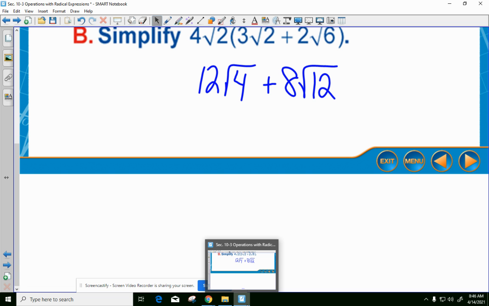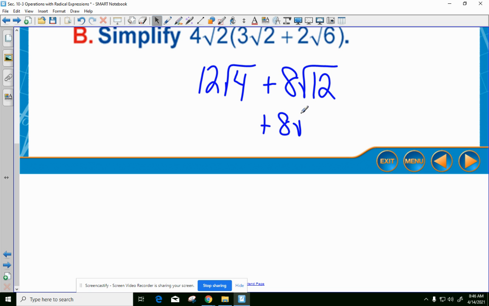Okay. So in the second half, I could rewrite the square root of 12 to be a 4 and a 3. What do you want to do with the first part? It already has a radical 4. We'll leave it. Okay, why do you want me to leave it?